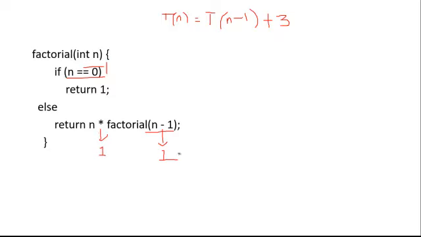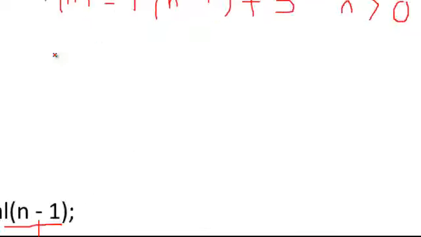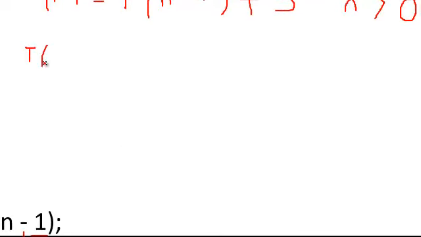We have here 1, 2, 3. 3 units of cost for the simple operations. And this is true for all integer n greater than 0. For n is equal to 0, we have t of 0 is equal to 1, because we only make a comparison here and simply return.